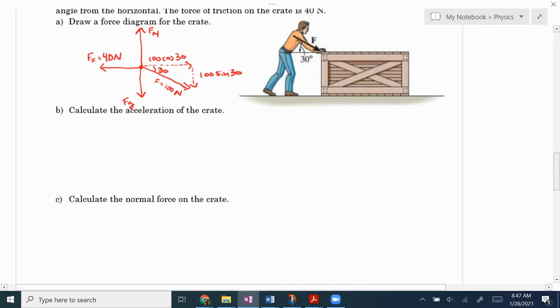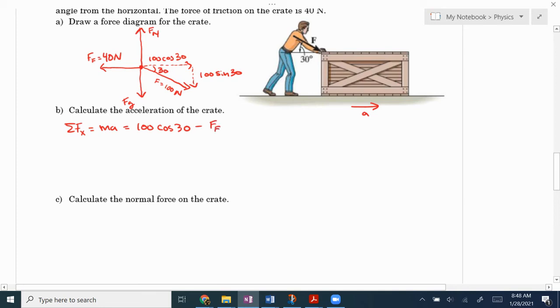So then calculate the acceleration. It's going to accelerate to the right because he's pushing it to the right. So the sum of the forces in the x direction is going to equal our ma because it's accelerating. We have 100 cosine 30 minus the force of friction.